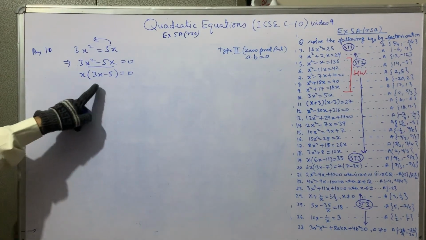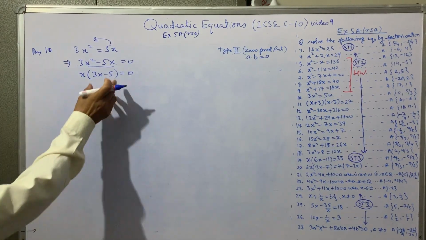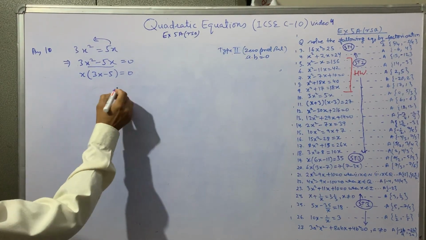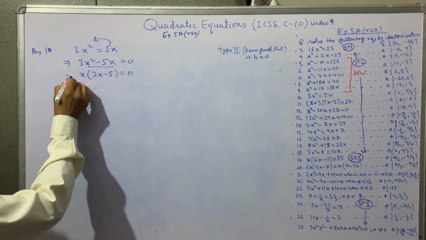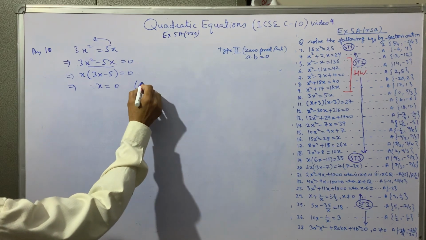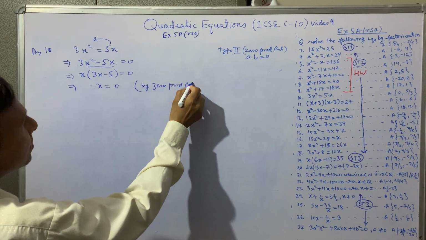Now it comes to the zero product rule. This is a and this complete bracket is b. Now on applying, taking a is equal to 0, x is equal to 0, one answer is 0 by the zero product rule.